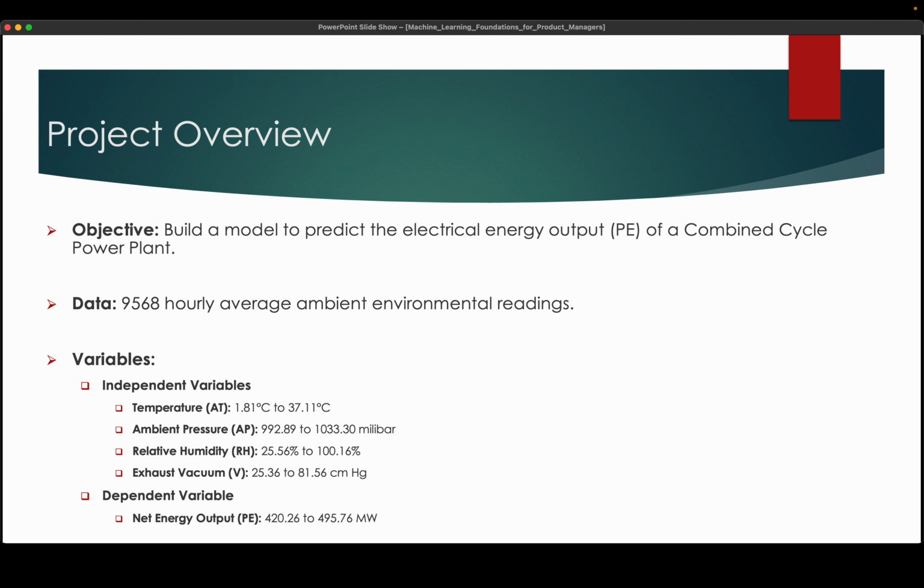The independent variables are those we use for prediction of the dependent variable. They are temperature, ambient pressure, relative humidity, and exhaust vacuum, and the prediction we have to do is the net energy output.